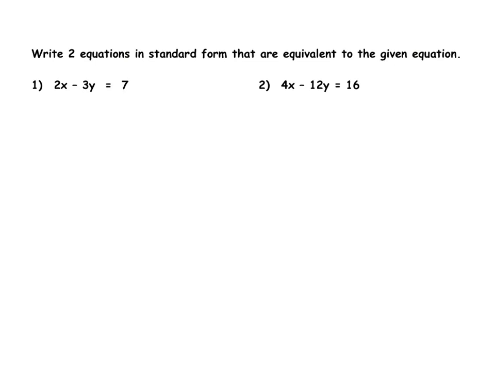This says write two equations in standard form that are equivalent to each given equation. Remember when we did fractions, 1/2 equals 2/4, and 2/4 equals 4/8. Those are naming the same amount. Well, you can do the same kind of thing to an equation.